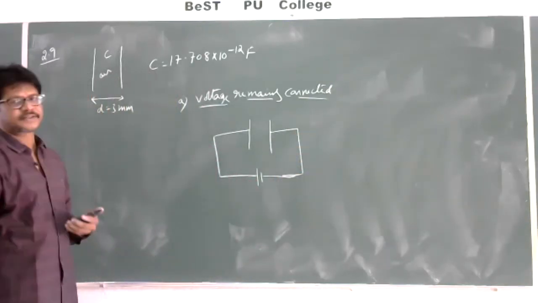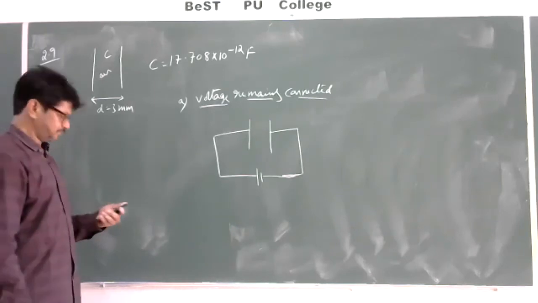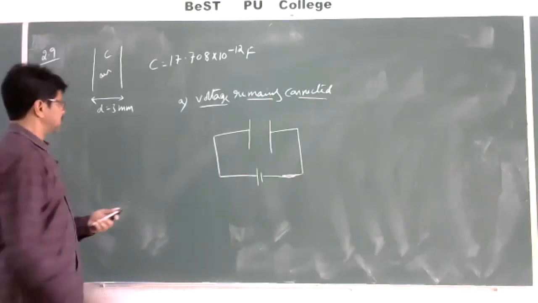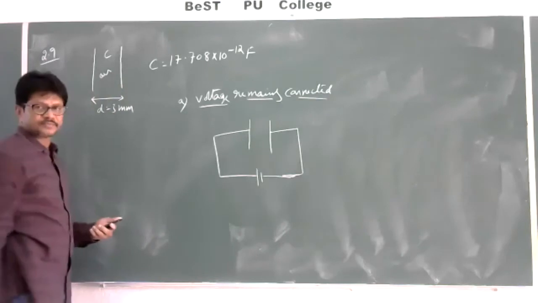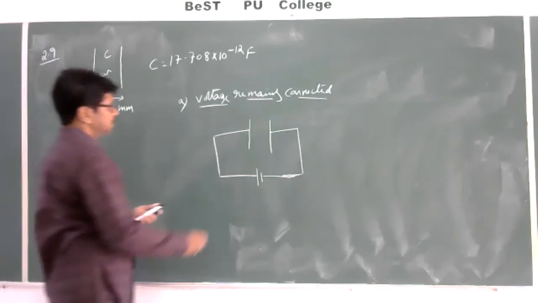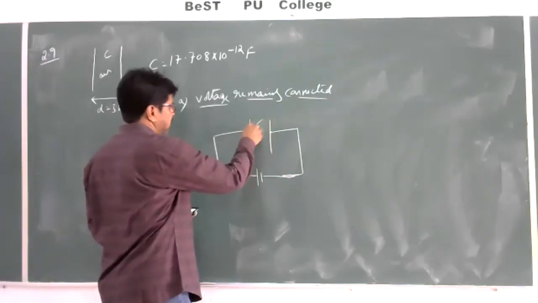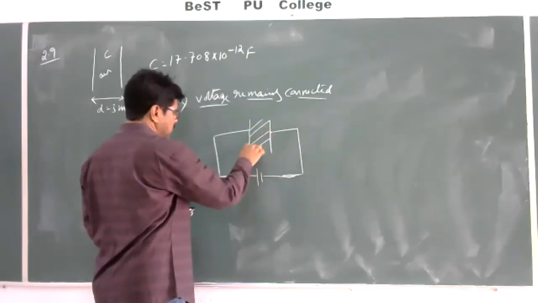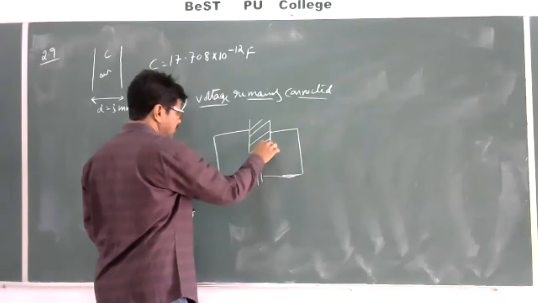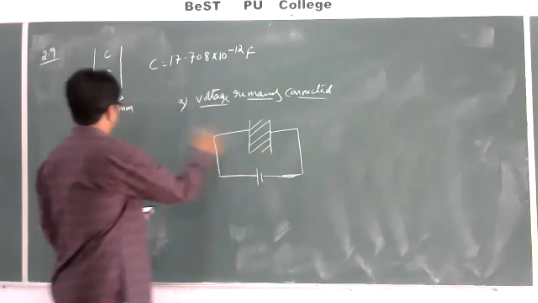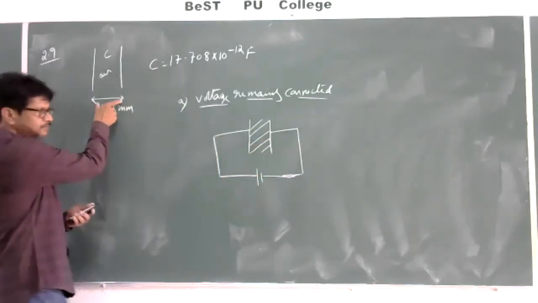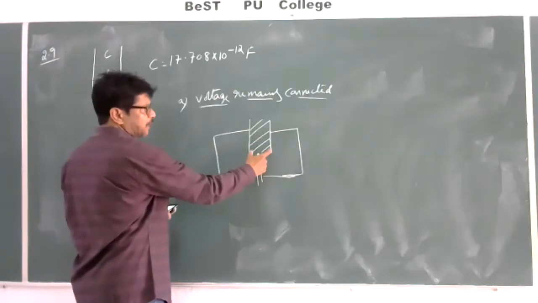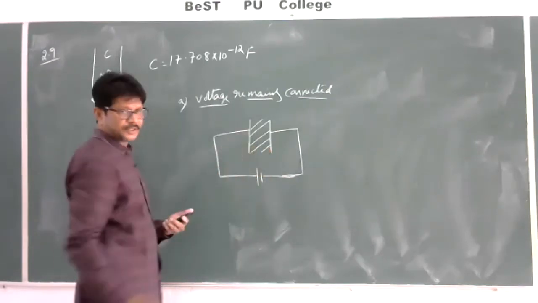Now a dielectric mica sheet of thickness 3 millimeter is introduced, that is nothing but a dielectric introduced completely. Why am I using the word completely? Because the distance between the two plates is 3 millimeter and the thickness of this mica sheet is also 3 millimeter.